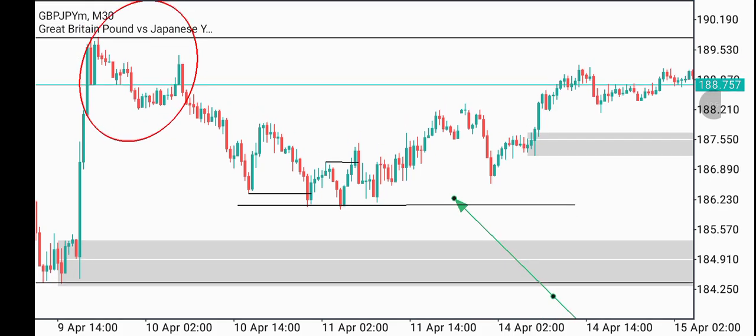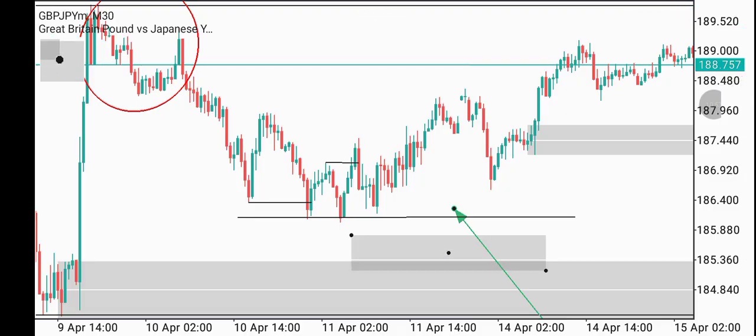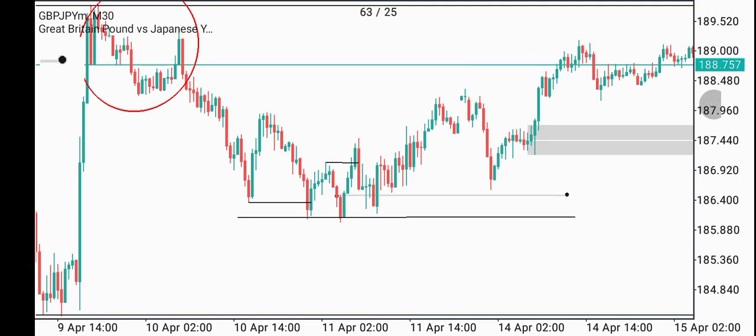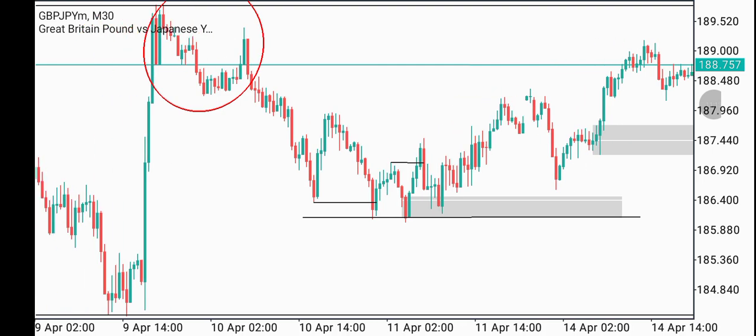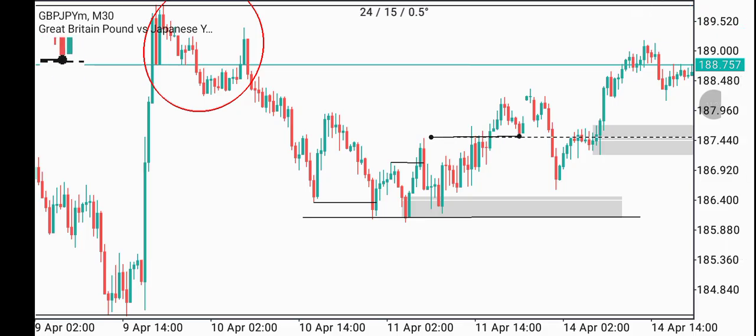So what do we anticipate after a market structure shift? We anticipate a pullback. So now what we see here is we had a pullback to tap into the demand level and a second break of structure to the upside.